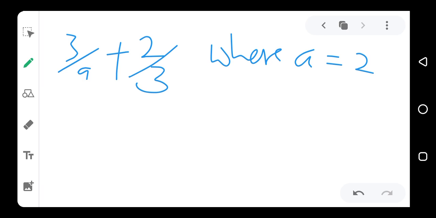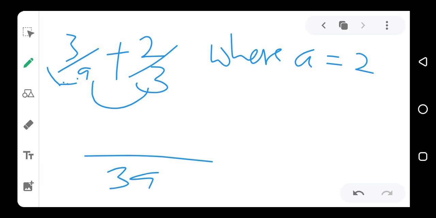So what we are going to have is 3 over a and 2 over 3. Now we look for the LCM between a and 3, which is 3a. Then 3a divided by a, we are going to get 3, like we did previously.